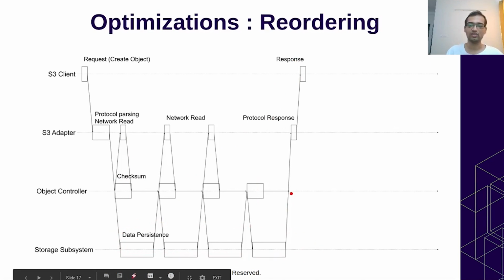And we can optimize this by using another technique that we call reordering, where instead of processing one chunk at a time throughout the system, we start operating on more than one chunk at a time, and at the end we reorder all the responses and send them back to the S3 adapter.